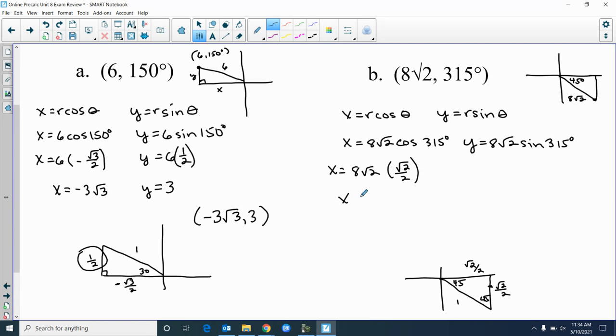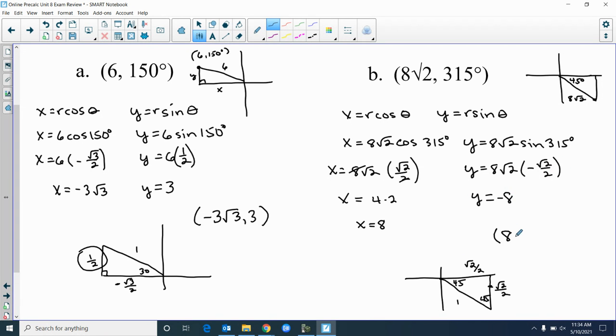This 2 cancels with that 8, gives you a 4. Square root of 2 times square root of 2 is 2. So in the end, we get an 8. Same thing's going to happen over here, but that's going to be 8 radical 2 times negative square root of 2 over 2. And that's going to end up equaling negative 8.